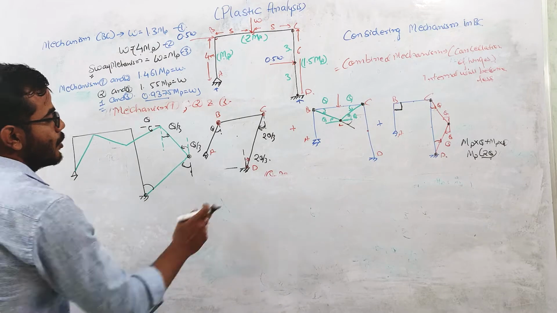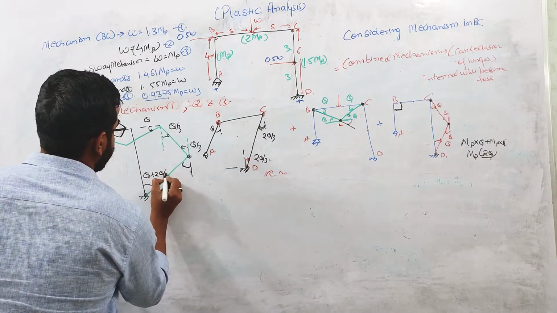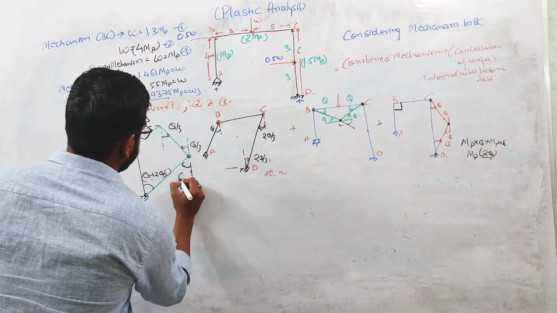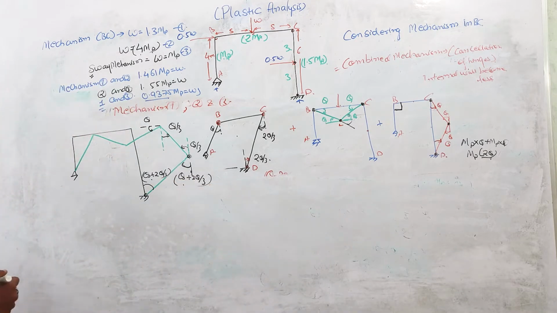This angle will be 2 theta by 3 plus theta, theta plus 2 theta by 3, right? This is theta plus 2 theta by 3. So this is what our plastic deformation during collapse will look like.